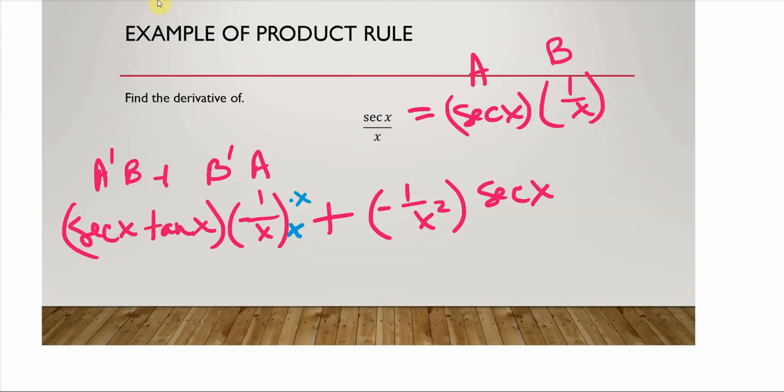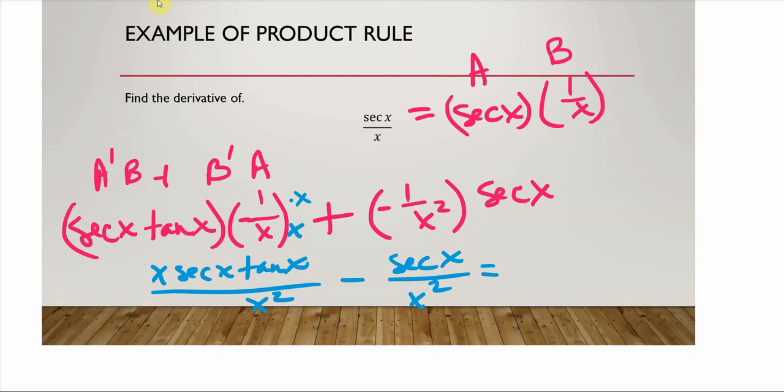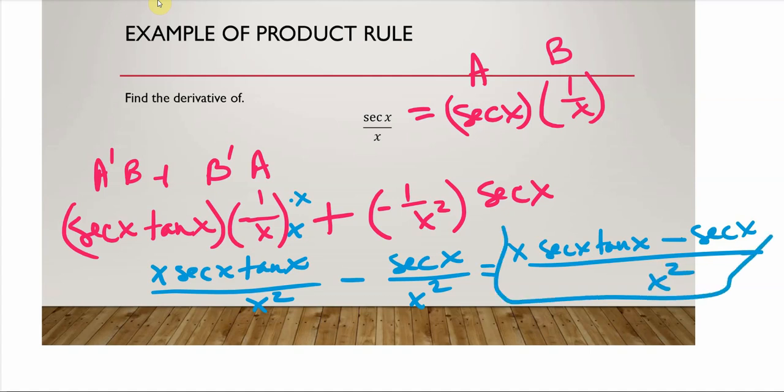So now on top I'm going to have x secant x tangent x over x squared, minus secant x over x squared, and now they have the same denominator, so I'm going to end up with x secant x tangent x minus secant x all over x squared, and this is also an answer. Okay, so that's going to conclude my video on the product rule.